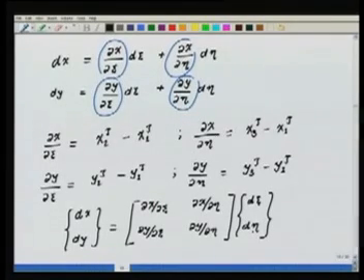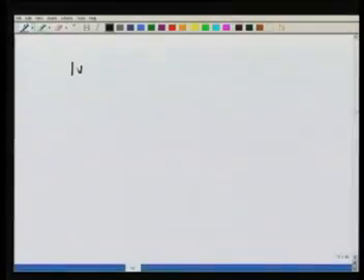I have simply rewritten this expression in a matrix form. So once I have this expression in the matrix form, then I can talk of the Jacobian. The Jacobian is nothing but the determinant of this matrix that we have written.